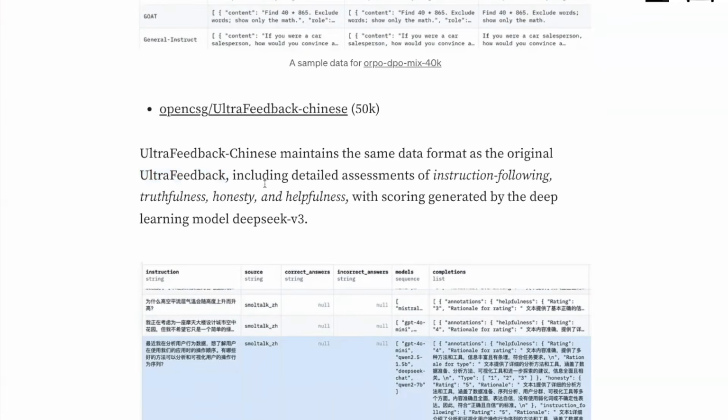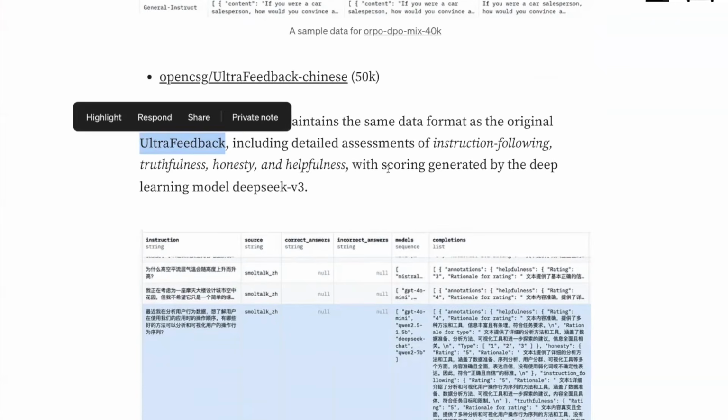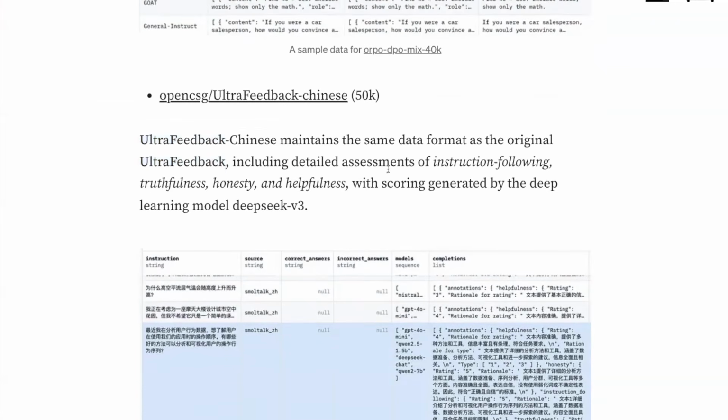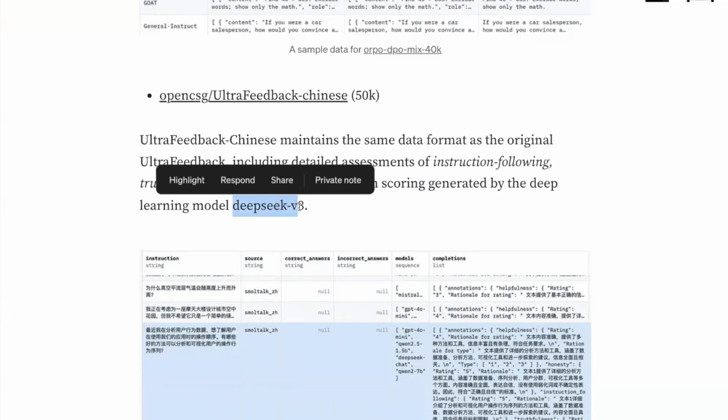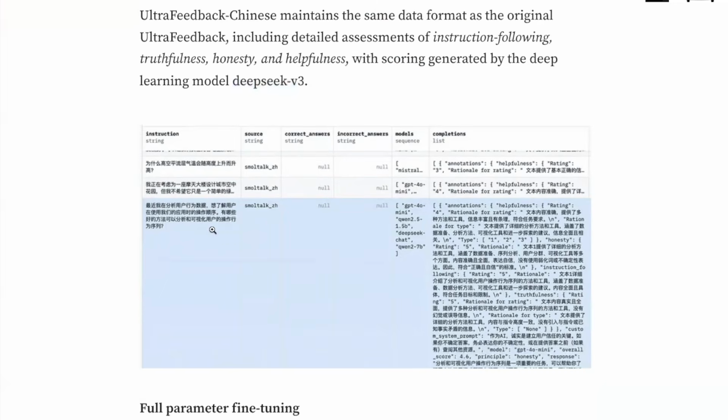It provides a very detailed assessment of the LLM output, including helpfulness, instruction following, truthfulness, honesty, etc. The scores are synthetically generated by the DeepSeek V3 model. Over here, this is the instruction, this is the model, and then they run the model to get the outputs, and they have the ratings for the model's response.